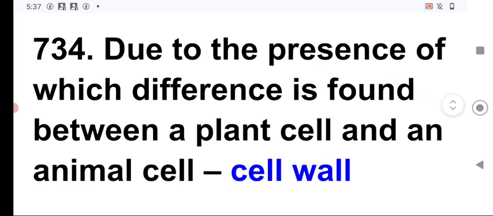This is the cell wall, which forms the outermost layer of the plant cell, and it is made up of cellulose, whereas the animal cell is covered with a plasma membrane or cell membrane, which is made up of lipoprotein. So the cell wall is present in the plant cell and the plasma membrane or cell membrane is present in the animal cell.